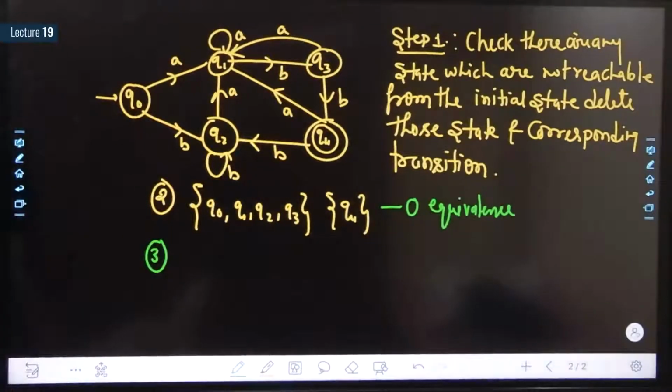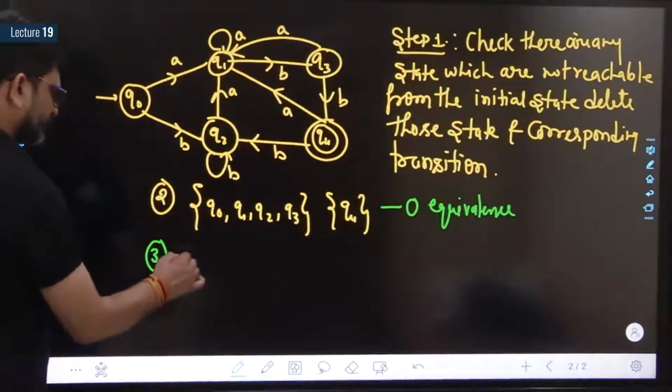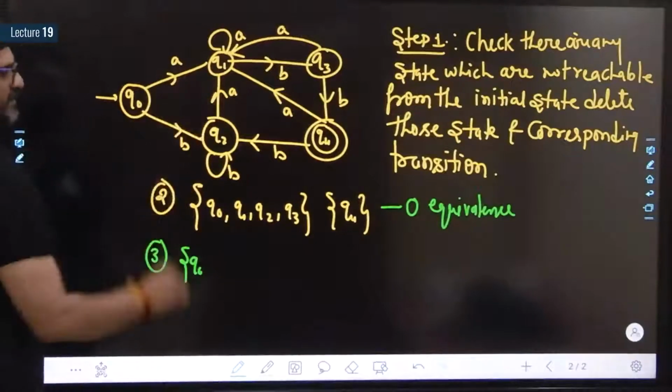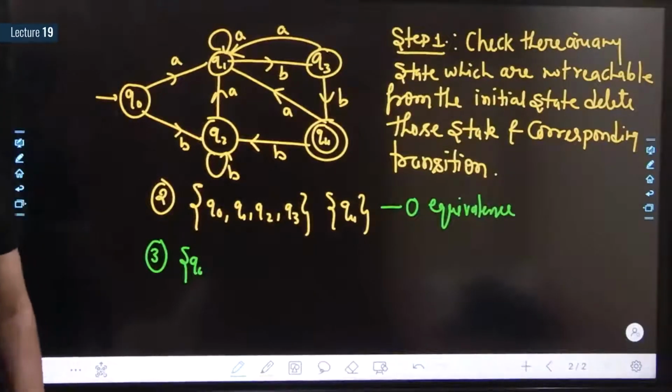Now, what is the third step? Find out the one equivalence set. How to find the one equivalence set? Please see. Check whether Q0 and Q1 are one equivalent or not.